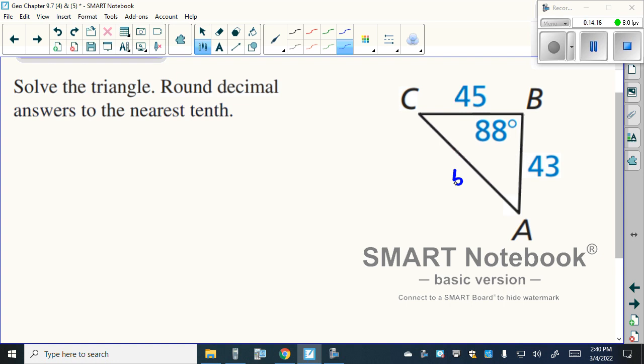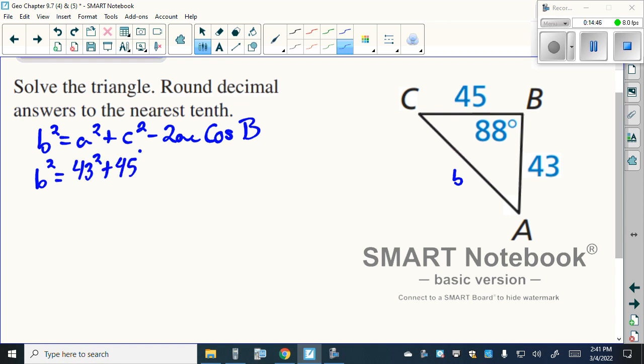Since the missing side length is opposite B, we're going to use the equation B squared is equal to A squared plus C squared minus 2AC cosine of angle B. That tells us that B squared is equal to 43 squared plus 45 squared minus 2 times 43 times 45 cosine of our angle, which is 88.